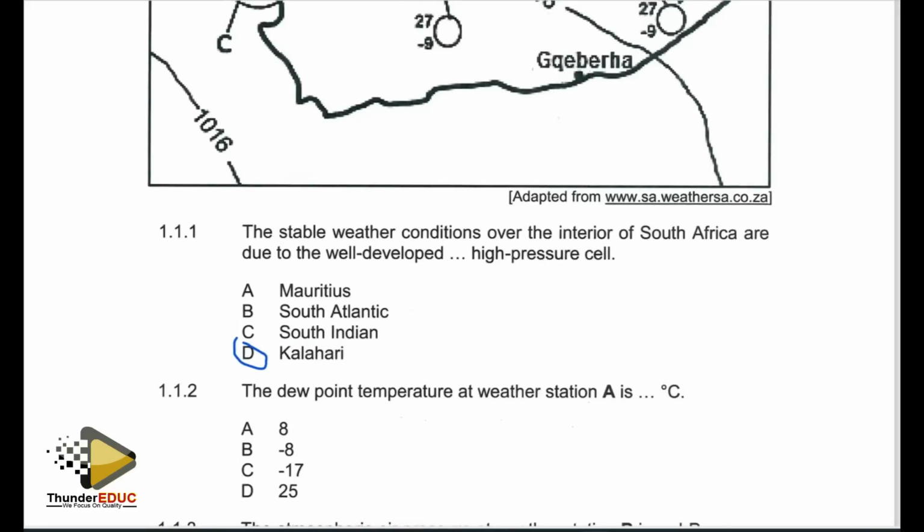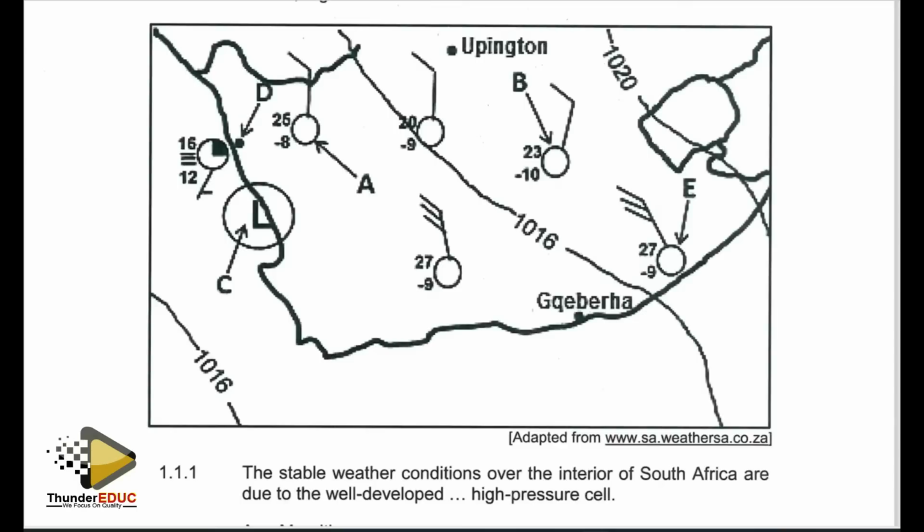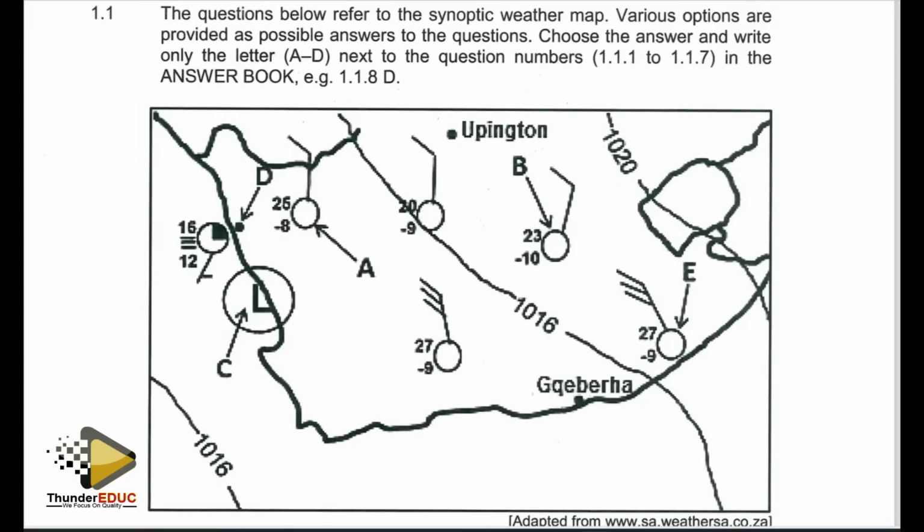Right, we move on to the second question. The dew point temperature at weather station A. Weather station A is located here over the interior, close to the extreme west coast. So the dew point temperature, we are talking of the presentation of temperature on the Synoptic weather map.